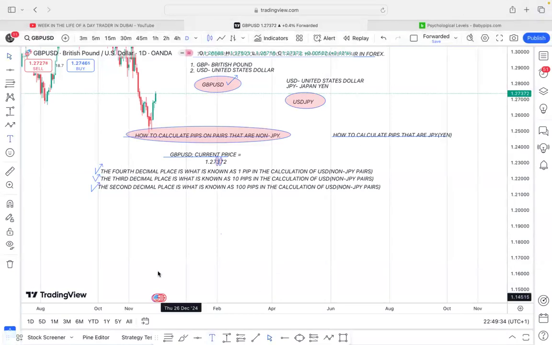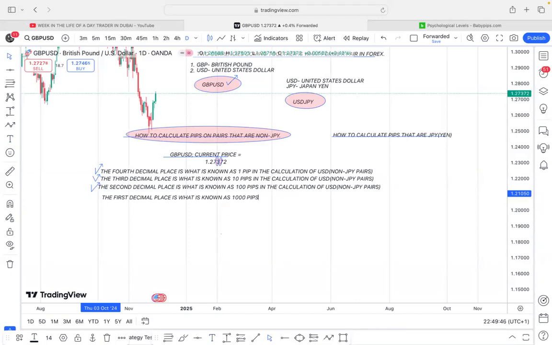So yeah, the first decimal place is what is known as 1,000 pips in the calculation of US dollar non-JPY pairs.